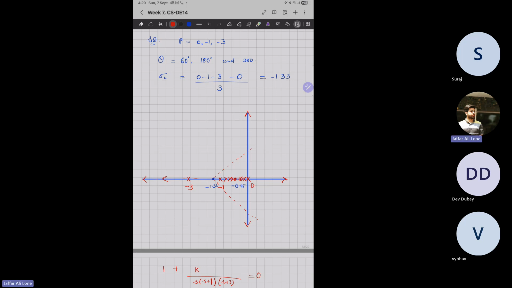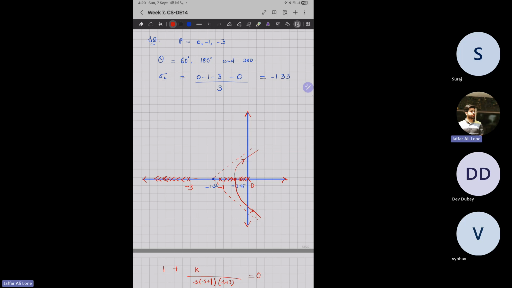So it will break away and go like this. Similarly, it will break away, and go like this to infinity. And from here, we'll go to infinity, right? Very simple.